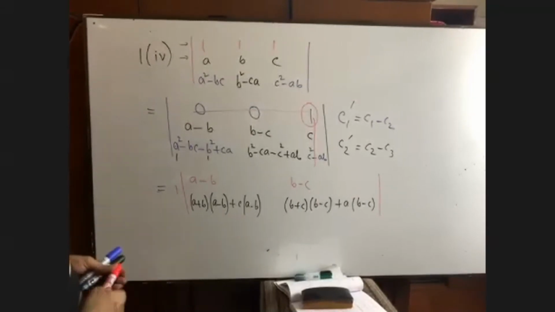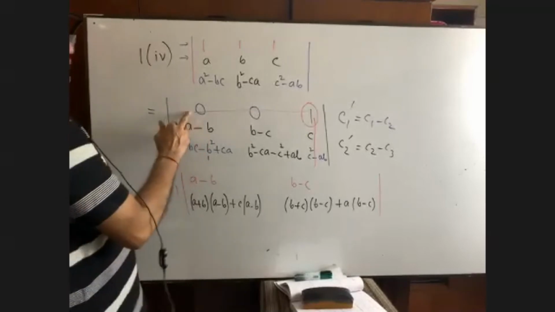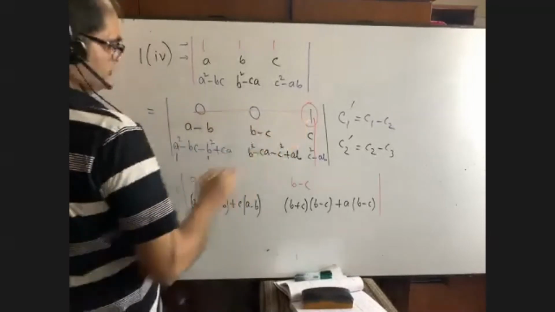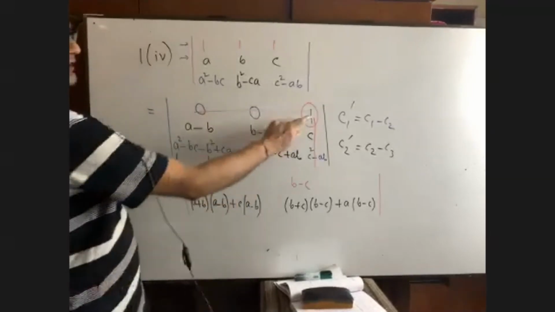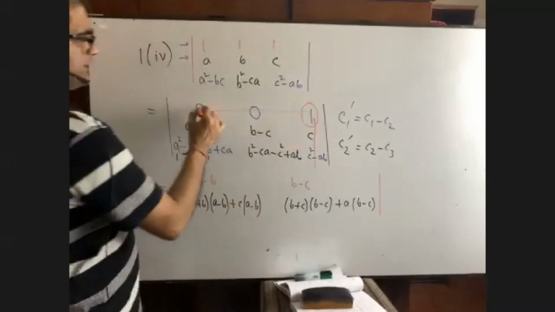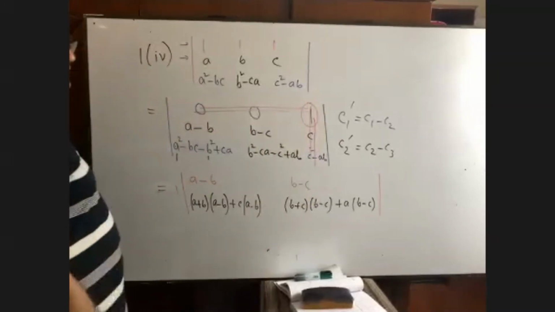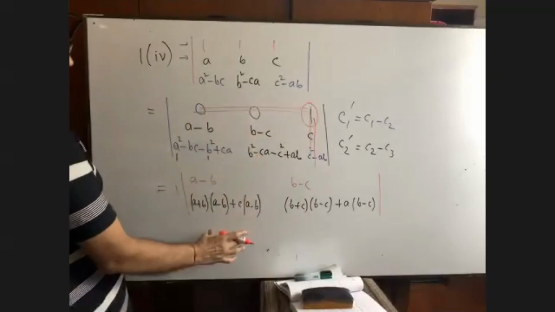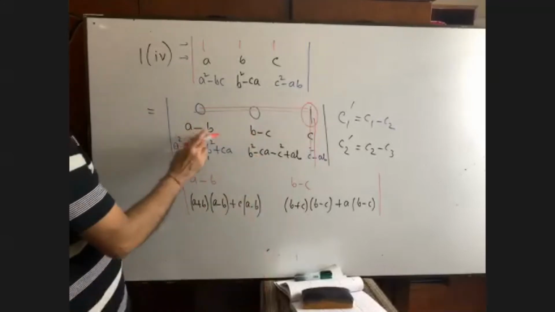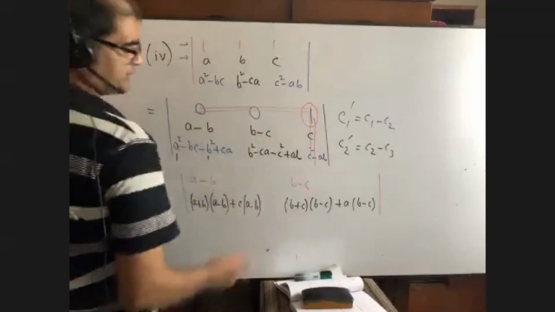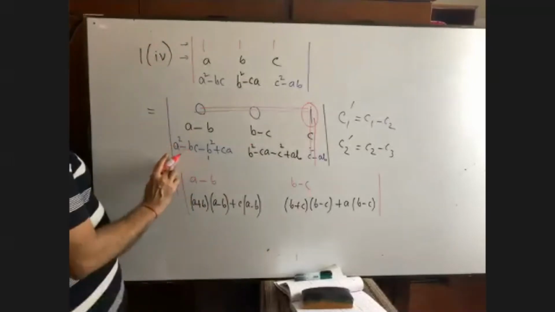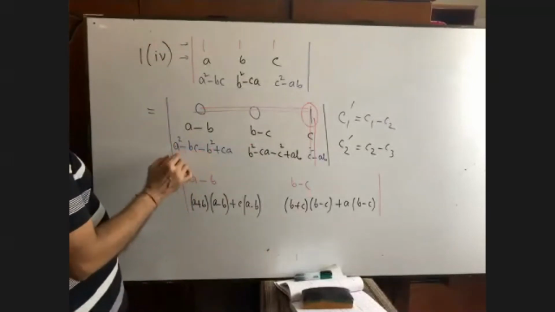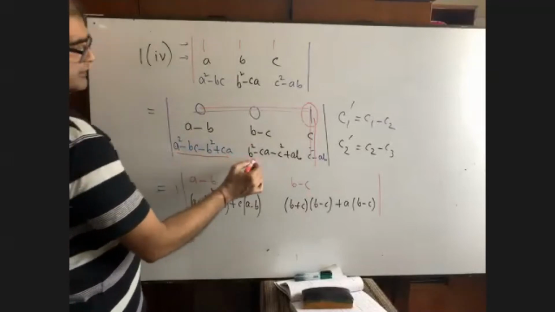I am telling you again, multiplying something with 0 gives 0, so we are left with this one, this one. Taking this one means this and this won't be considered. So these 4 will be considered. Number 2, a minus b, b minus c, a minus b, b minus c. Now you see what I have done, we got this to factorize, as in class 7.